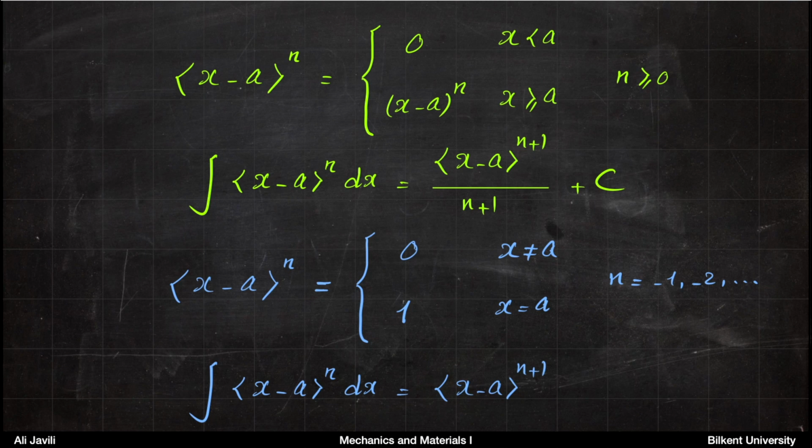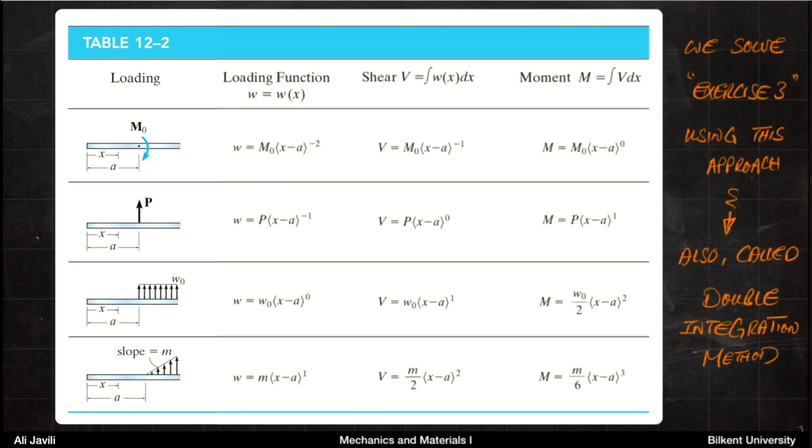And as I mentioned again, these are very useful when we want to talk about problems where the loading is not continuous, that you have a jump in the loading condition. There is a table in the book which reads like this, and this table shows why these Macaulay functions are interesting.